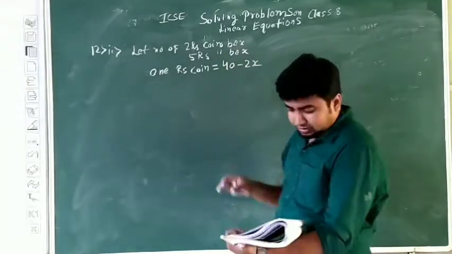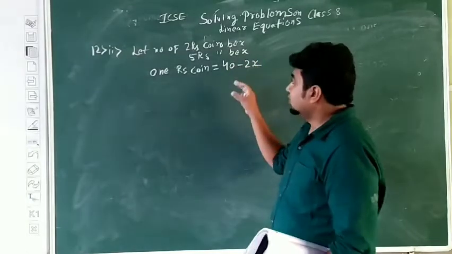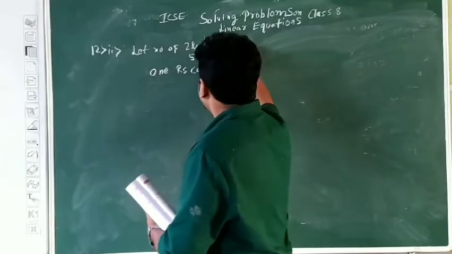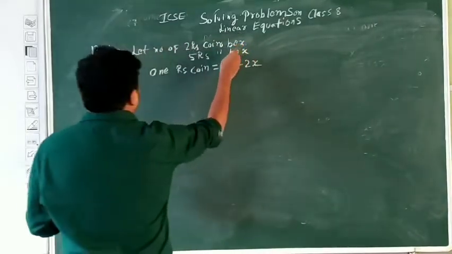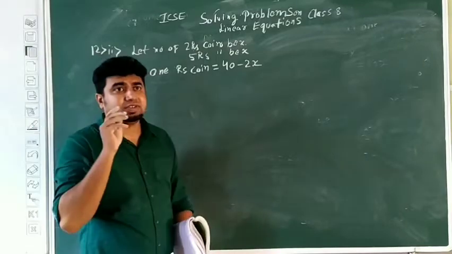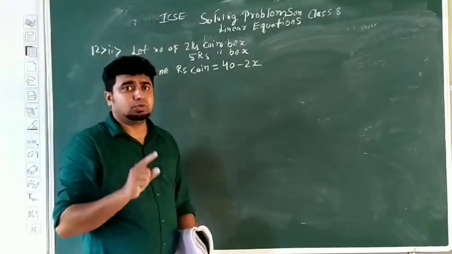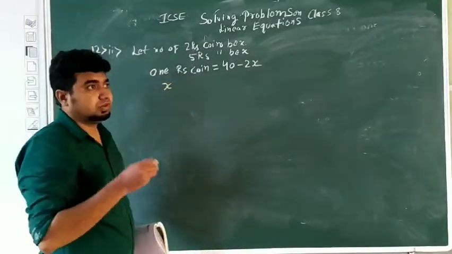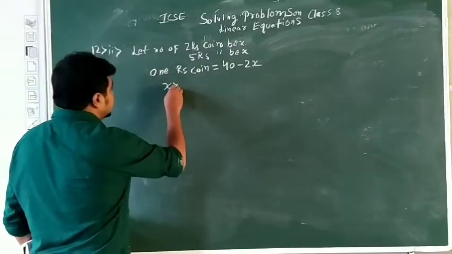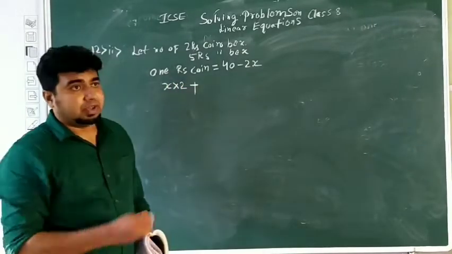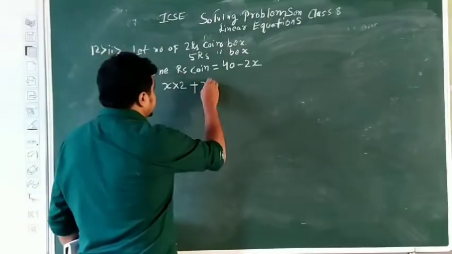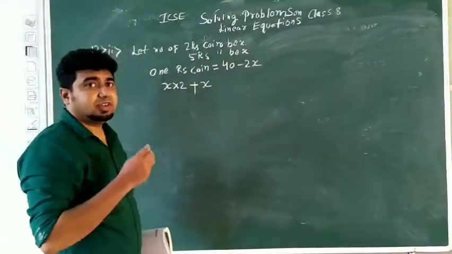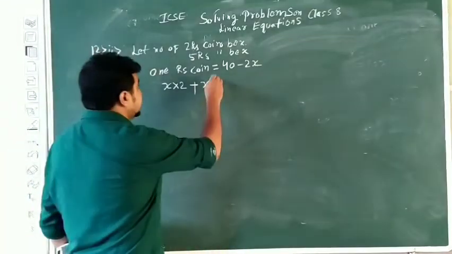So from here, it is given that the combination of the number of coins and the denomination gives us 120 rupees. The number of 2 rupees coins is x, and the value of a 2 rupees coin is 2. So multiplying, we get 2x. The number of 5 rupees coins is x, so the total amount of money is 5 into x.